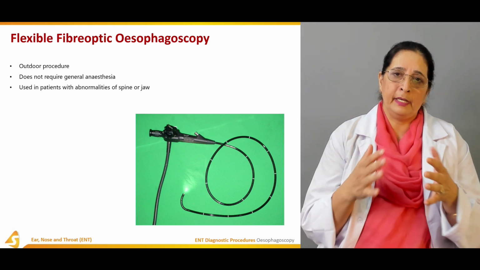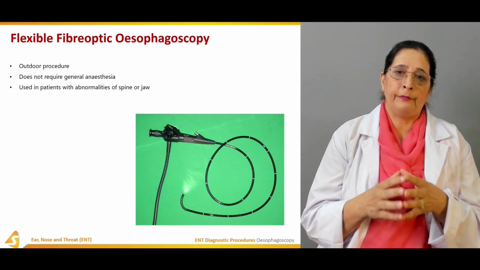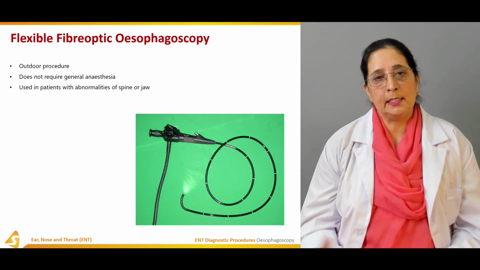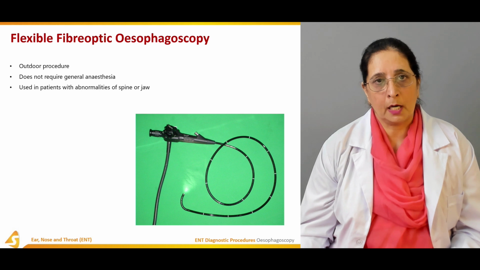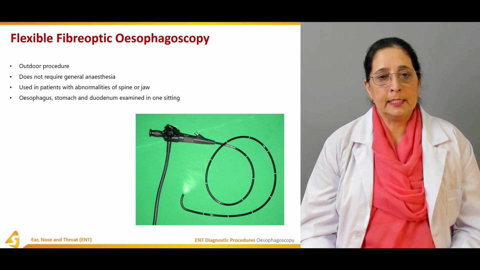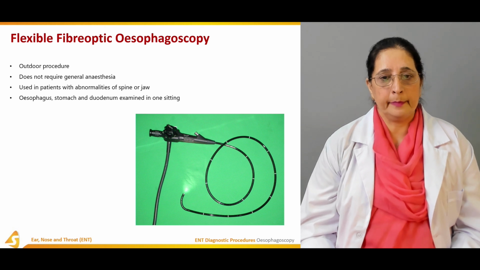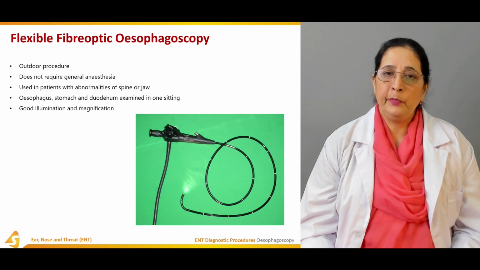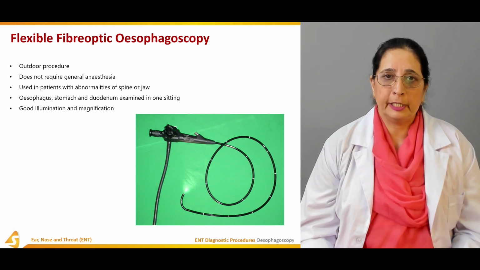So there are very big advantages of flexible: it can be performed as an outpatient procedure, the esophagus, stomach, and duodenum are examined in one sitting, and it gives good illumination and magnification.